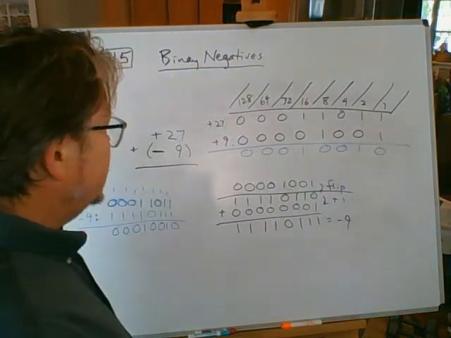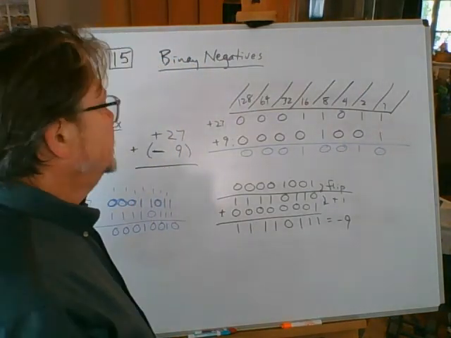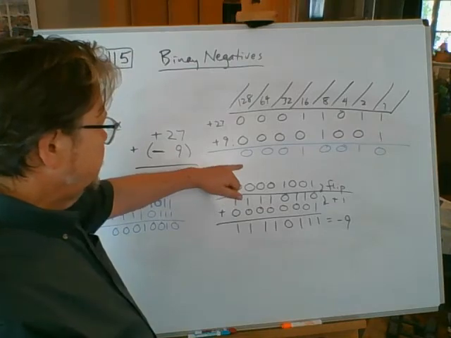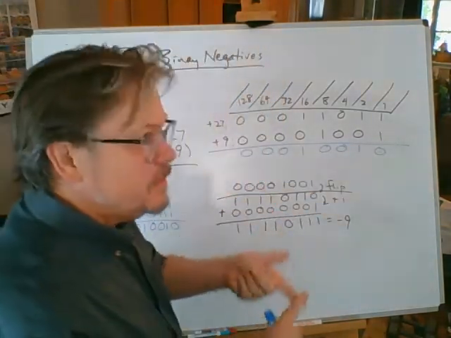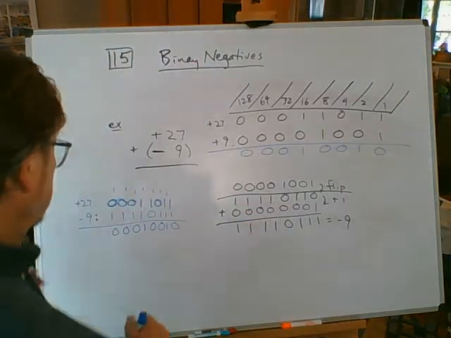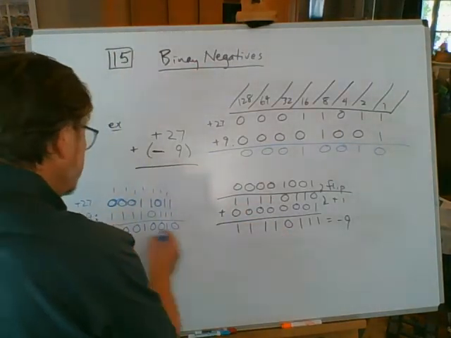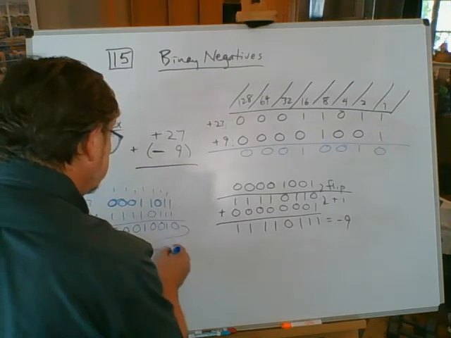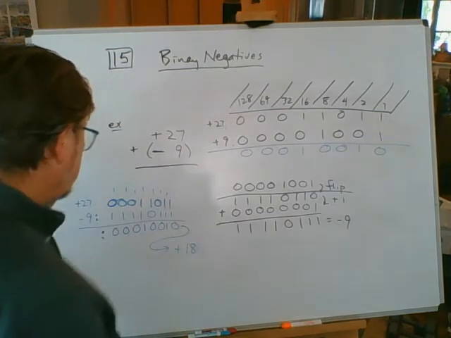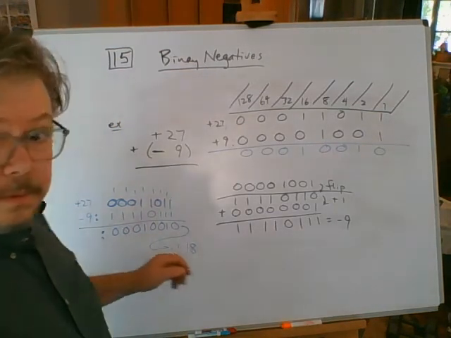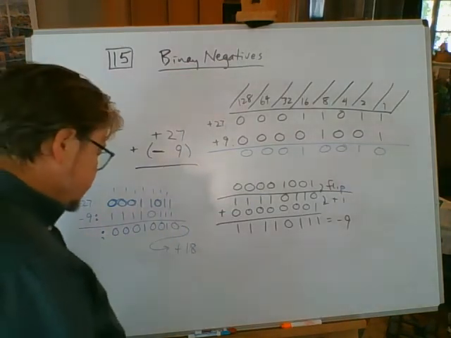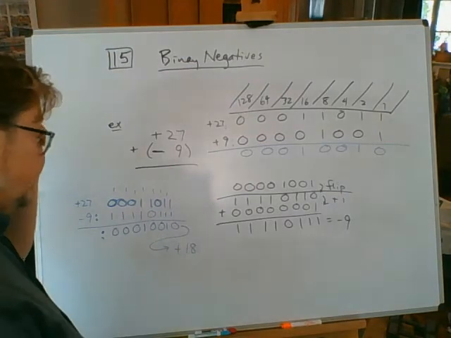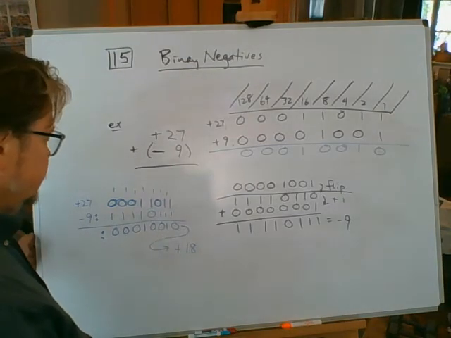I might even be able to add those up in my head if there's anything left in my head to do the addition. What is that? Well, that's a 16 plus a 2. 16, 17, 18. So this, in fact, is positive 18. How do I know it's positive? Starts with a 0. Now, take a mental snapshot of that or write it down or whatever, because I'm about to erase that and try a different one.